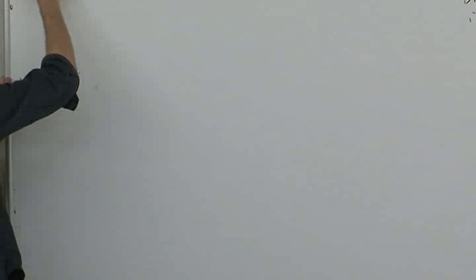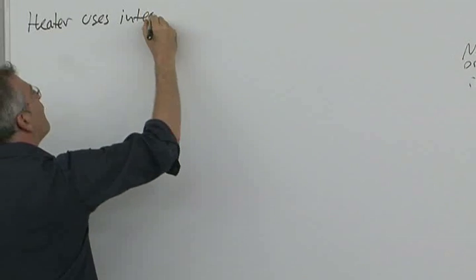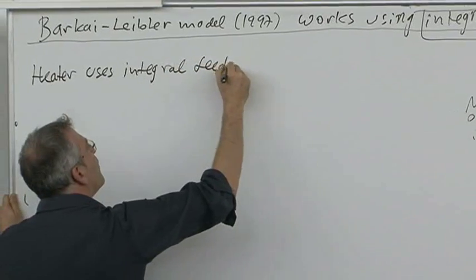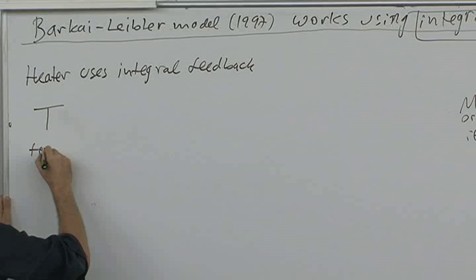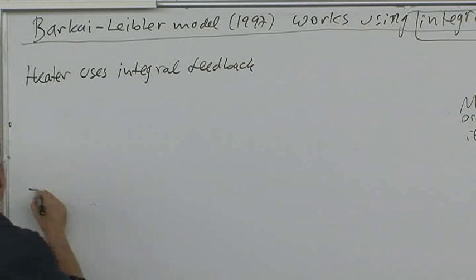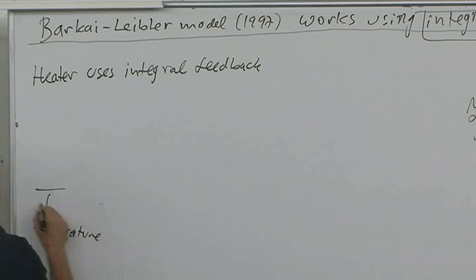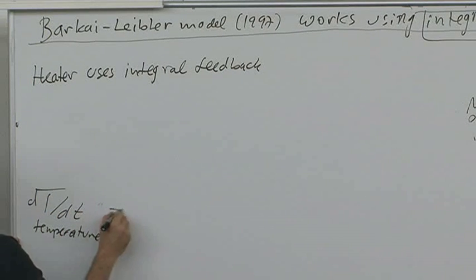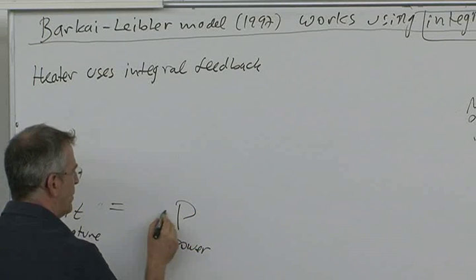So let's talk about the heater. Heater uses integral feedback. So we have the temperature. How does temperature change with time? Well, there's the power to the heater or air conditioner, and there's some constant here.